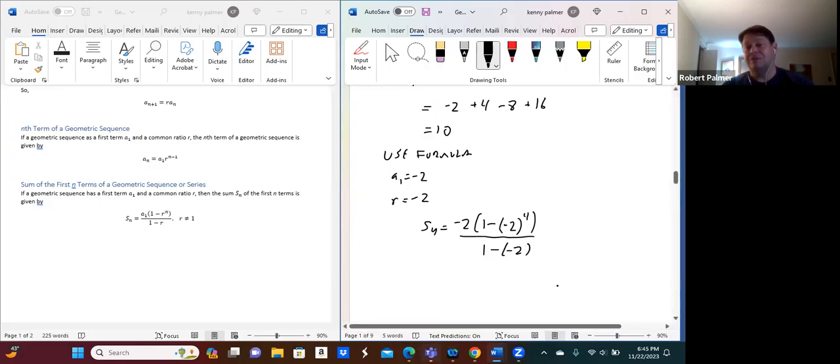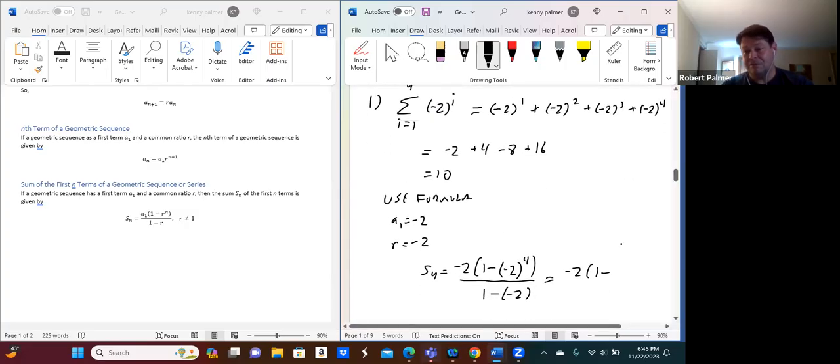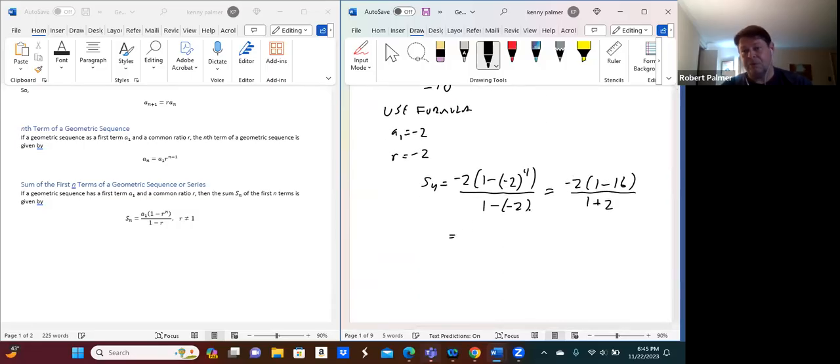Now -2 to the fourth, we just did that up here, is 16. Down here it's going to be 1 plus 2. So we have -2 times 1 minus 16, which is -15, and down here we have 3. That equals +30 over 3, which of course is equal to 10. So equal to exactly what we expect it to be.